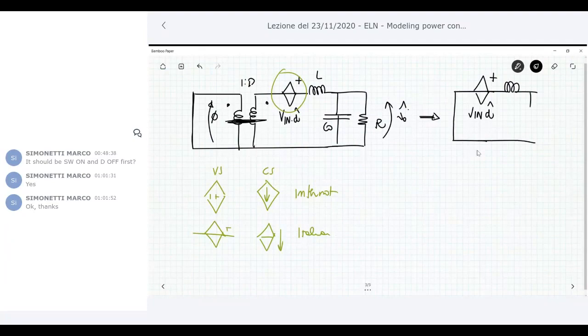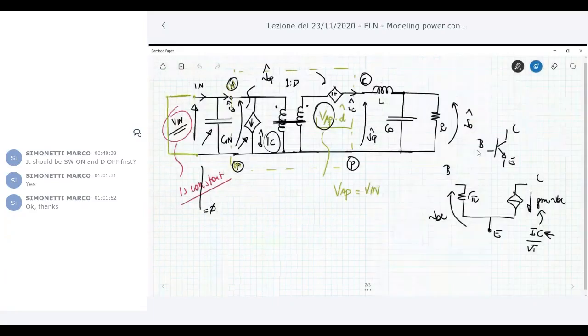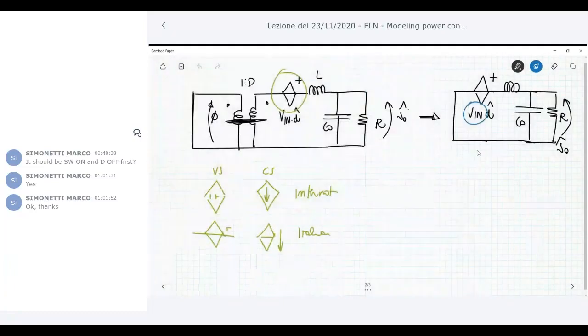C0, R, and then you have V0 hat. So this is the final circuit. Look that here I put Vin in place of VAP, because VAP in this circuit is exactly Vin. So I can replace this. Vin hat is null in our derivation, but Vin is not null here, for what I said before.